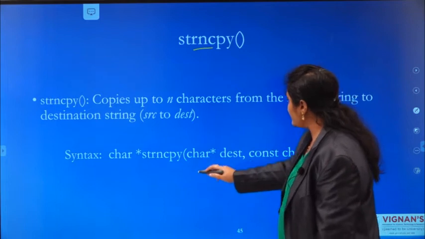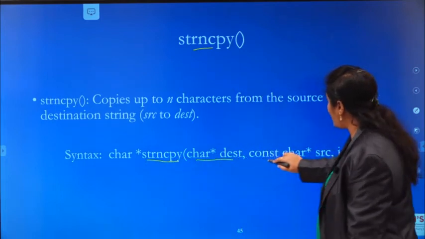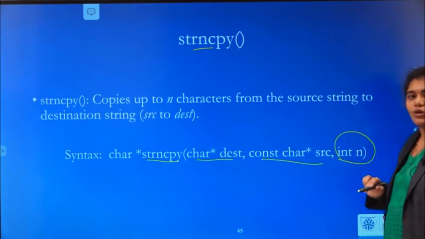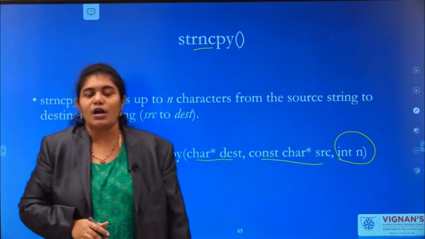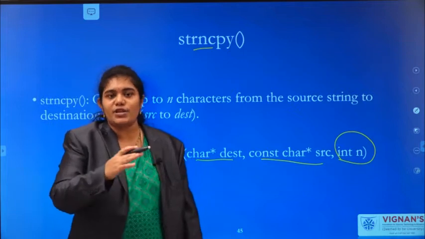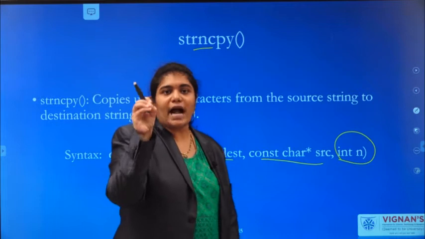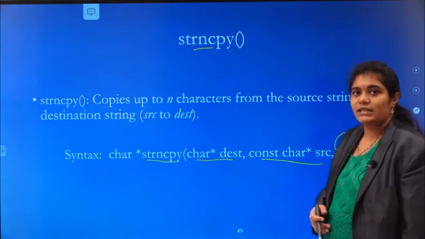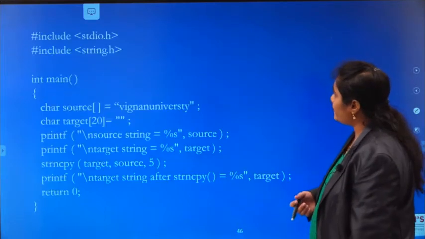See the syntax here: strncpy of destination comma source comma how many characters you are going to copy. That means we are not going to copy the entire string into the destination. We are going to copy only a few characters from source to destination. We will discuss this strncpy with a simple example.